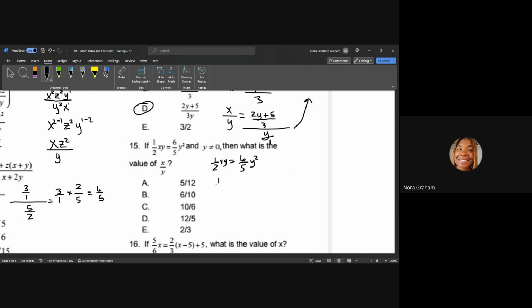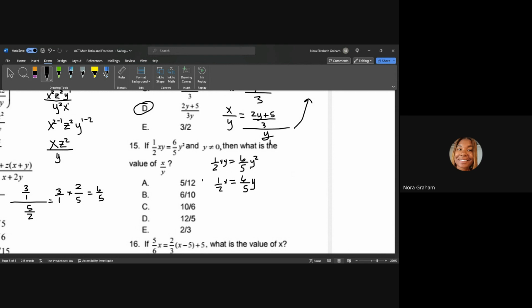If I divide both sides by y, I get 1/2 x equals 6 over 5 y. Since I divided by y, it would look like that. There's an imaginary 1 right there. So 2 minus 1, I just get y.